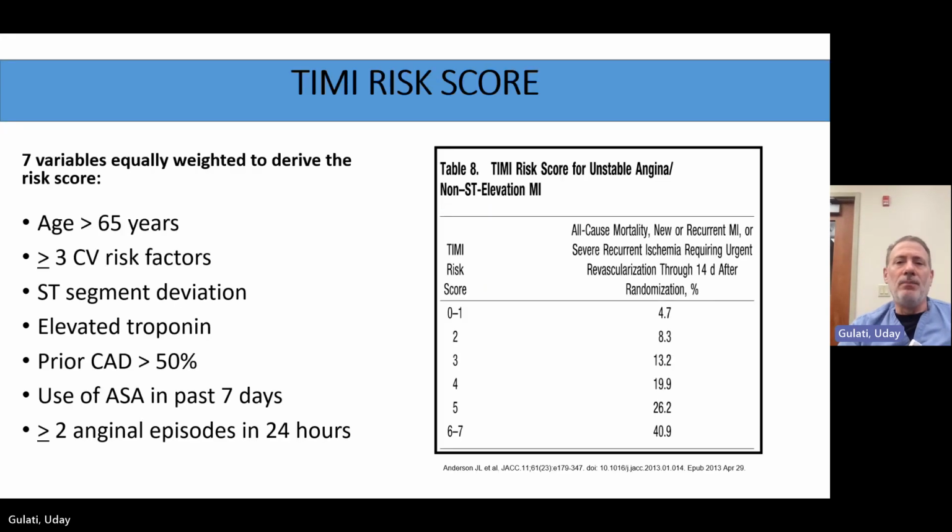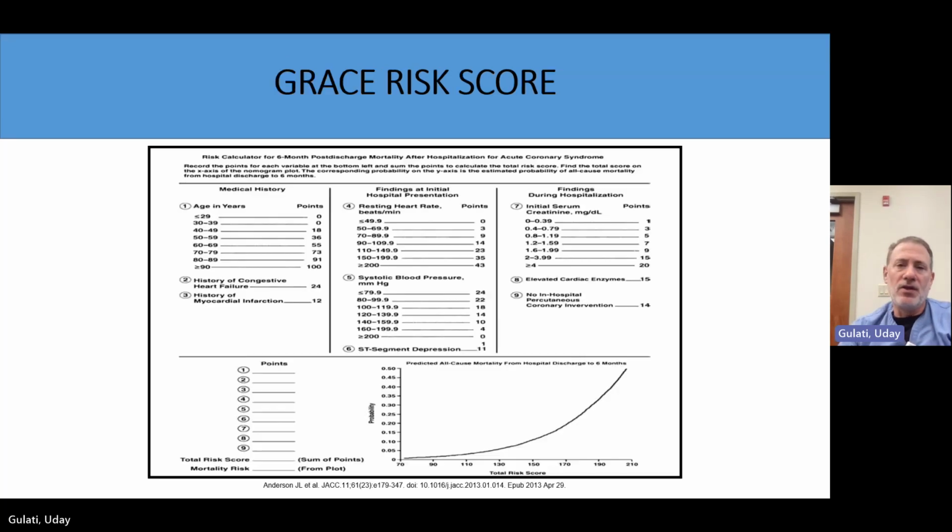Okay. Most people are familiar with the TIMI risk score. This is what it is. It's 7 variables, and more variables means more risk. The GRACE risk score actually prognosticates out to 6 months instead of 14 days. It's similar, except there are also some other things that play into it, like blood pressures.